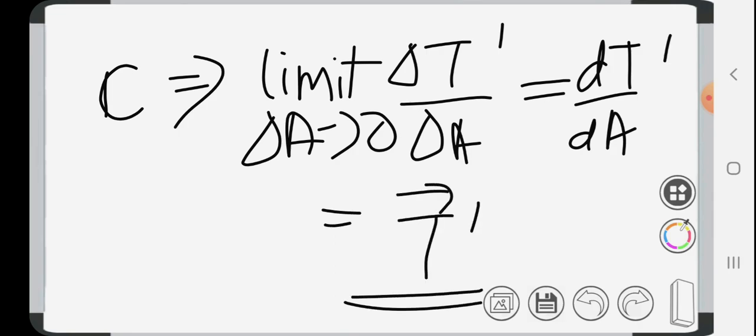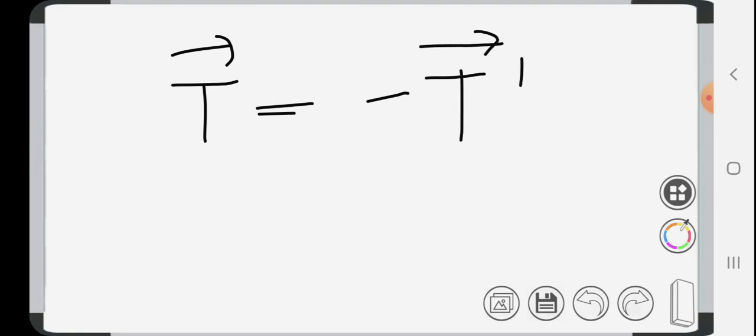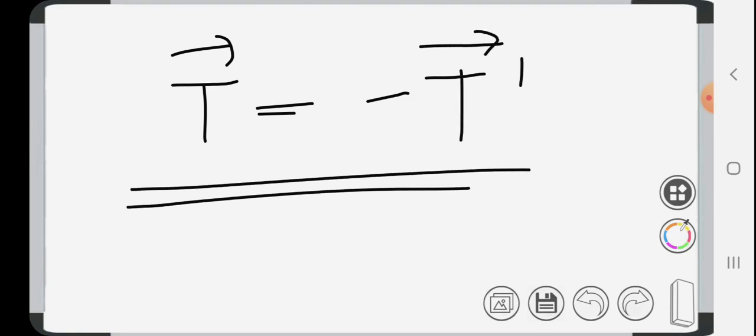So this is the stress on section C. So what should be the condition? The T vectors should be equal in magnitude but opposite in direction, right?